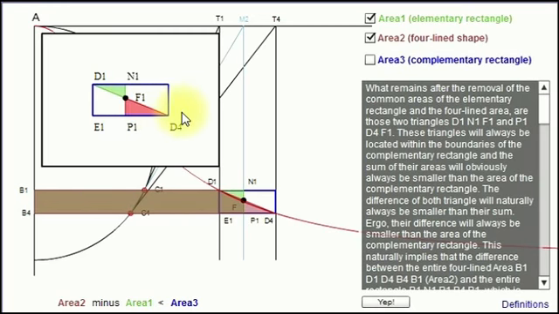And you already see that these two triangles are smaller than the complementary rectangle itself, and hence it is no problem conceiving that the difference between those two triangles must also be smaller than the area of the complementary rectangle itself.